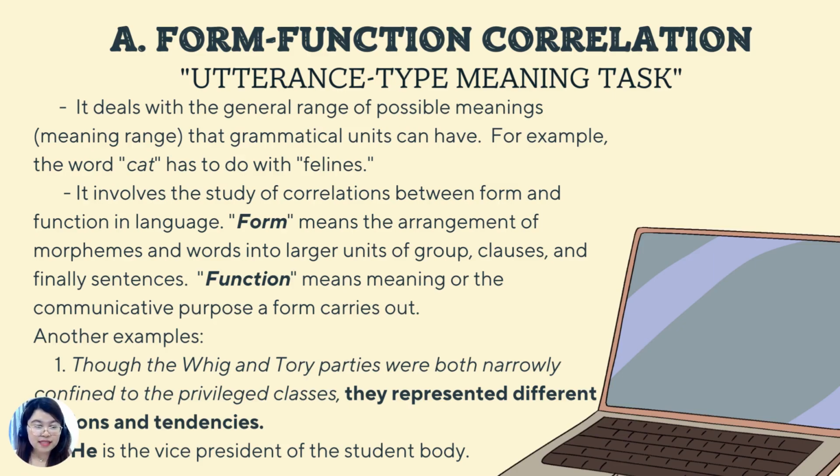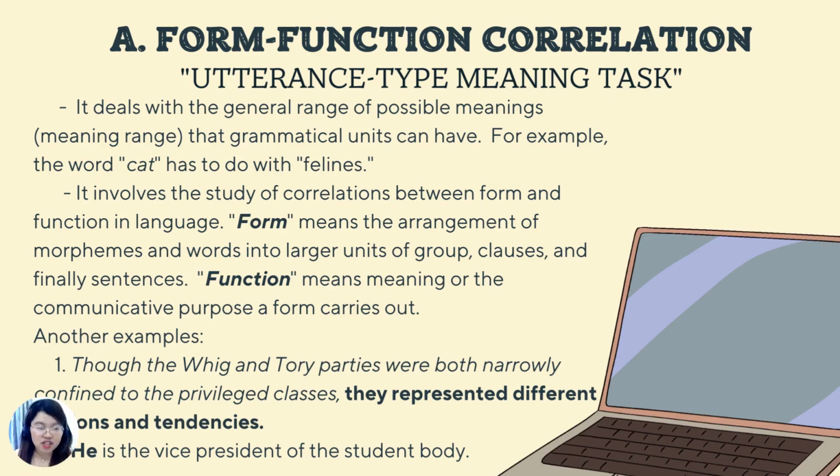This one, they represent different factions and tendencies, while the dependent clause is the italicized claim or statement, which is, though the Whig and Tory parties were both narrowly confined to the privileged classes. These clauses speak about the form, the arrangement of words into larger units of clauses, or a group of words finally being a sentence. So this is what makes it a form.